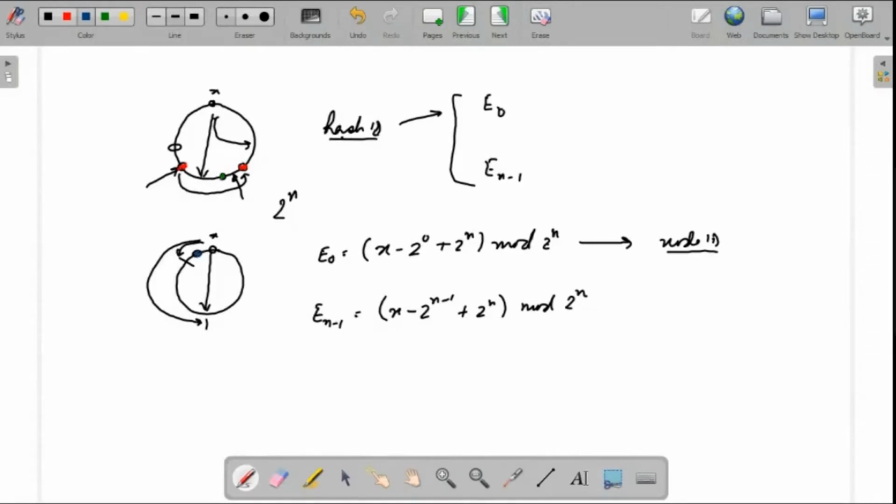So if there is a node sitting in here, this will be my root node for this. But whenever 2 raised power 0 is 1, either it has to be a previous node immediately x minus 1, or it has to be x. There can be only two entries. If there is something else, you don't have an x minus 1 node, x itself will be the root node in that case.